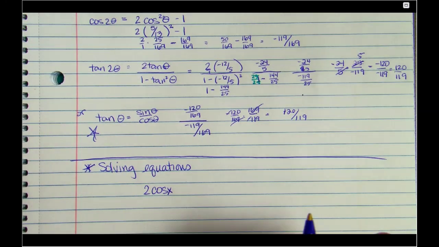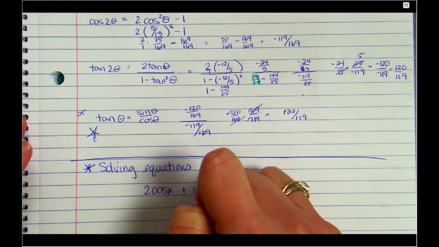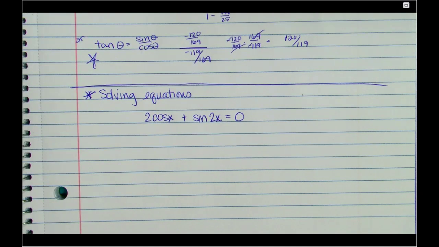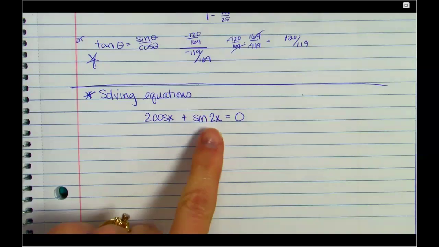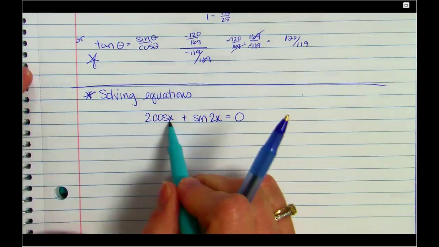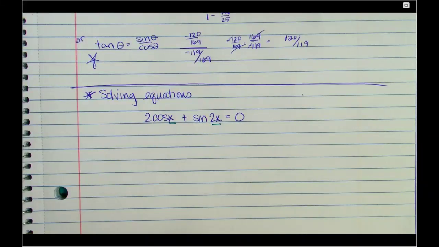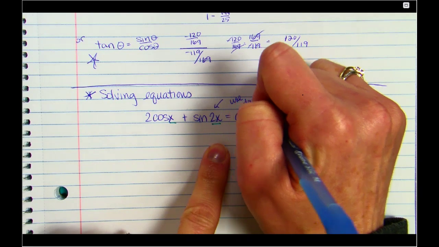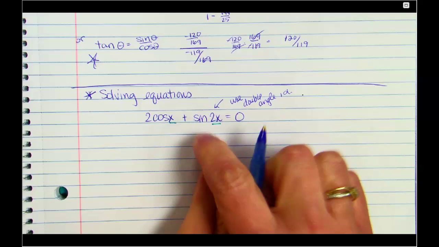So we are going to do one example of this. Here's the problem with this. You cannot solve an equation that has a plain x and a 2x. So this is a no-go right here. So what you have to do is use the double angle identity to get rid of sine 2x.